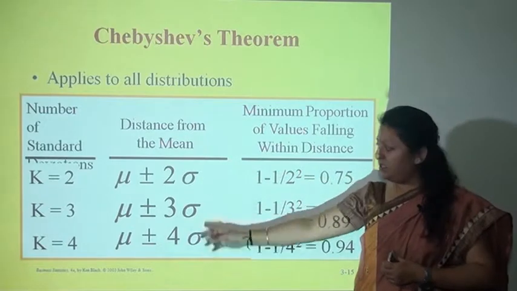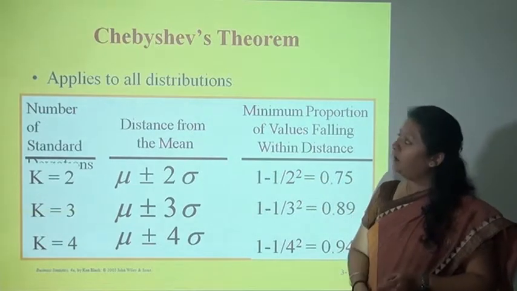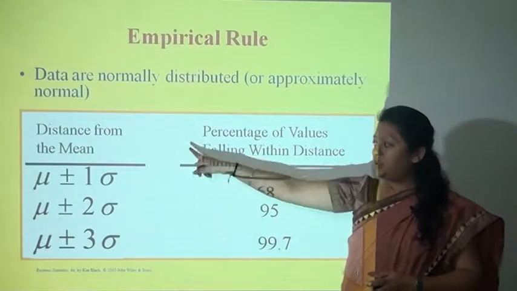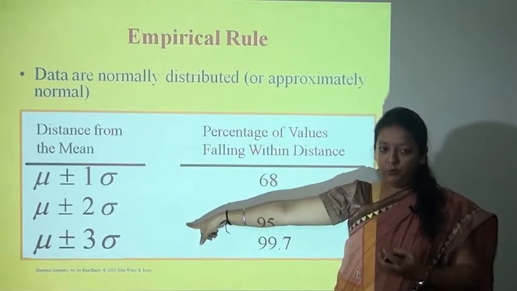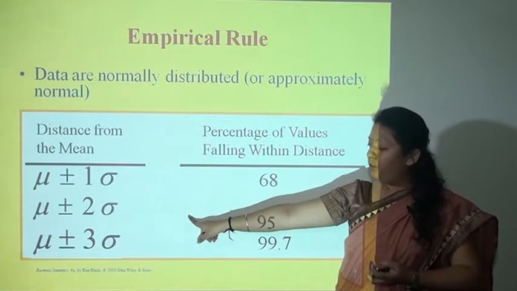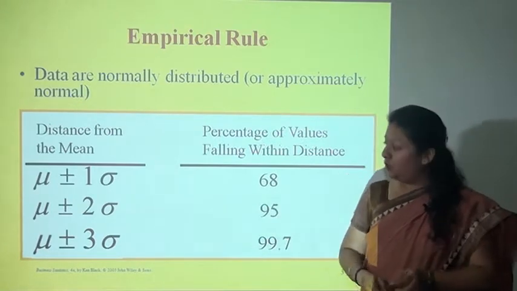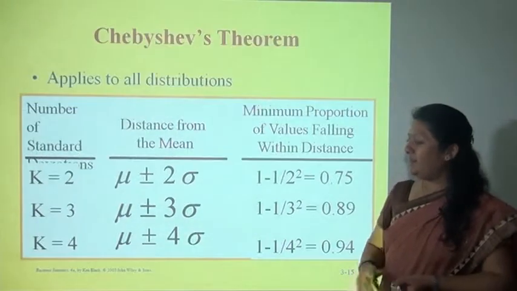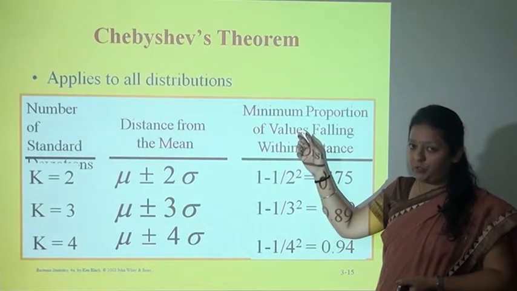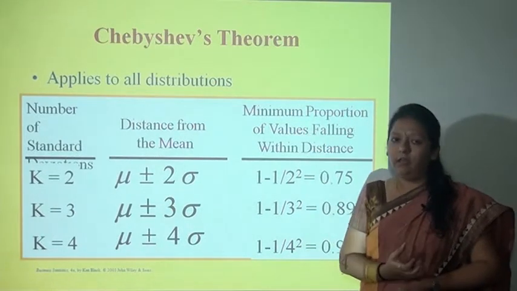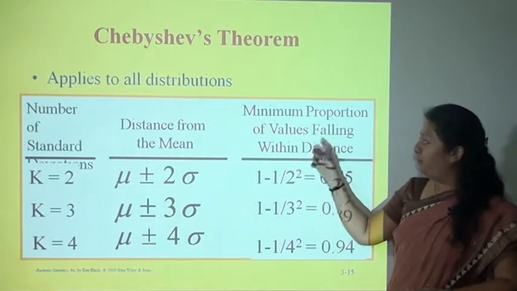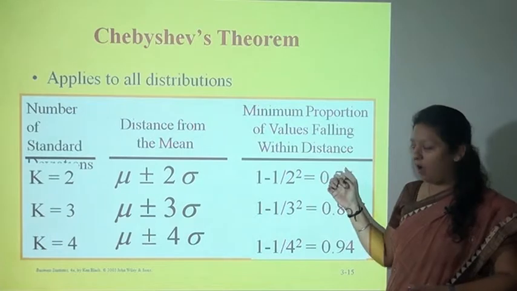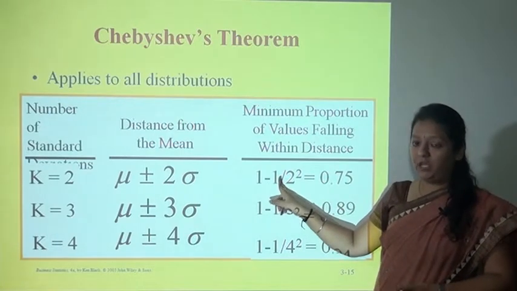We'll have the distance from the mean that we learned in the previous slide: mu plus and minus 1 sigma, mu plus and minus 2 sigma, mu plus and minus 3 sigma. So we can easily apply the Chebyshev theorem in order to identify the variability in the data sets. The minimum proportion of values falling within the distance is 1 minus 1 upon k square.